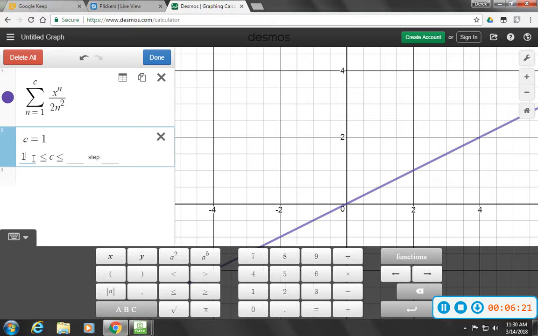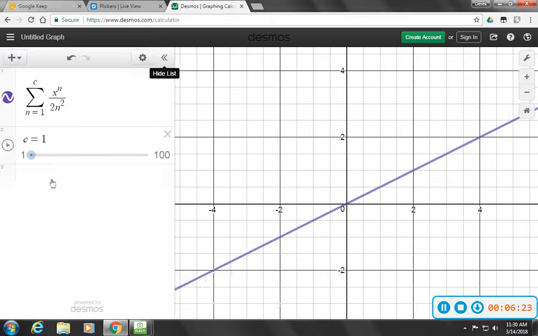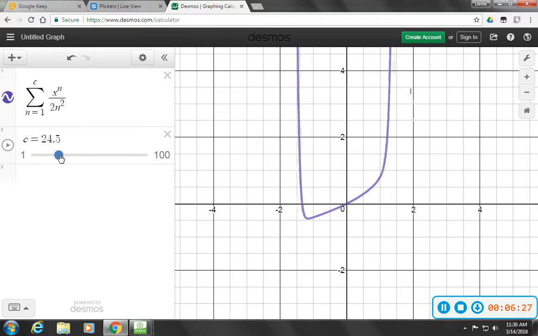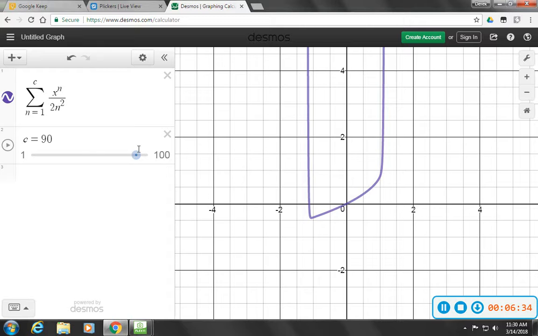So we'll go by steps of 1. See, it's flipping back and forth just like before, so it's not going to actually land anywhere. It's going to blow up outside of -1 and 1. But you get a nice shape in the middle.